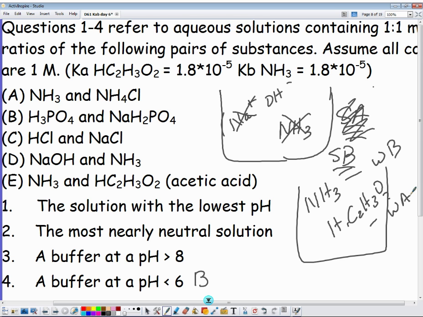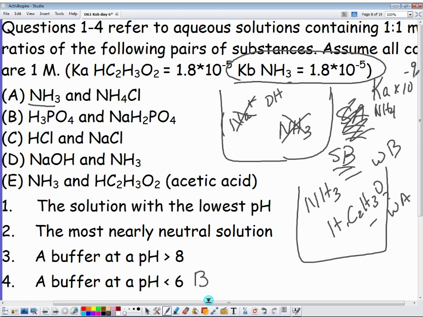So I don't have any other buffers, which means I know that the buffer that's got a higher pH must be this one. And I could have looked at the Kb of ammonia to see that. If the Kb of ammonia is 10 to the -5, what is the Ka for the ammonium ion? About 10 to the negative what? 9, right?